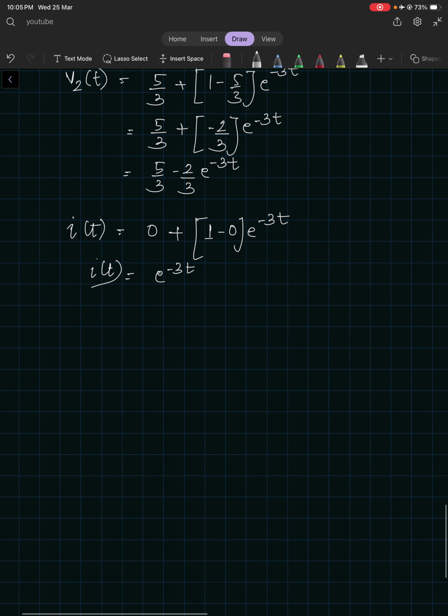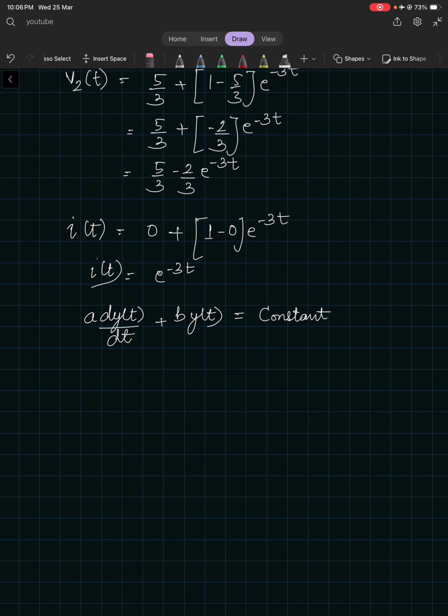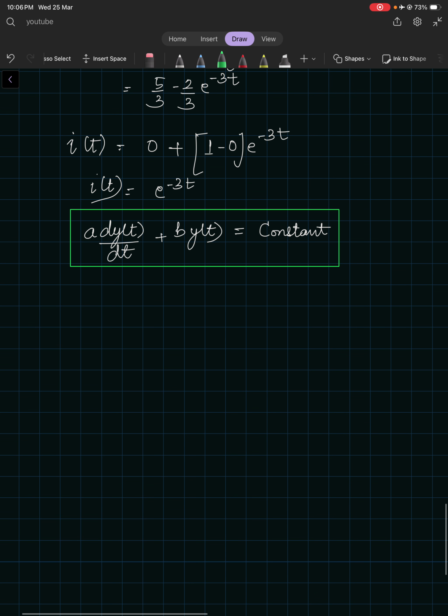So the key point is that if your differential equation is like a dy/dt plus b y(t) is equal to c, some constant, let me write it down. If this is your differential equation, right?